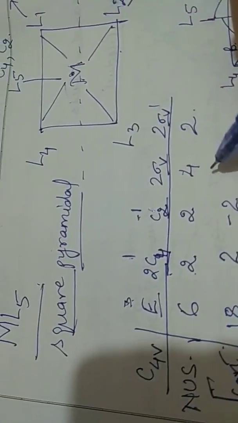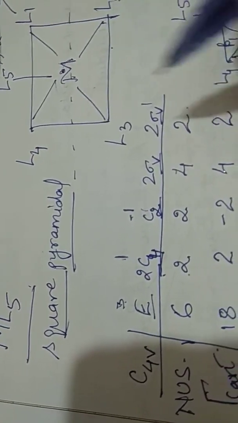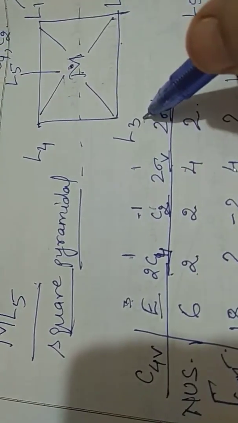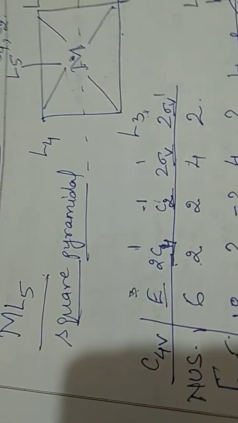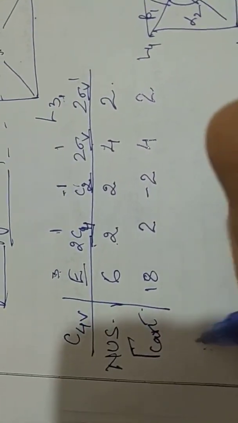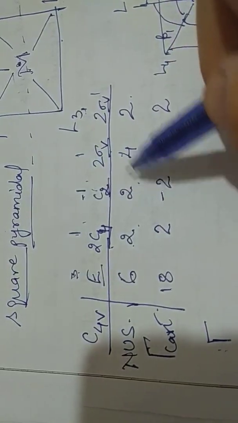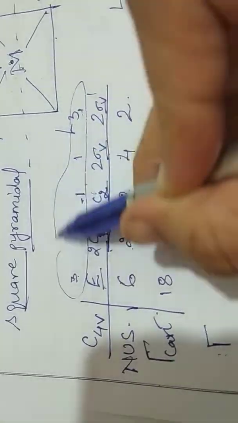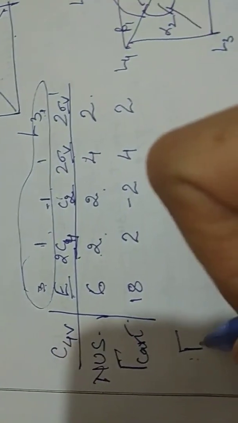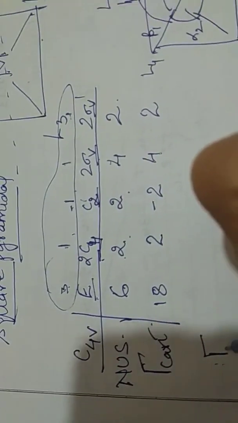Then for this one it is 4 and this is 2 again. So we know these sigma V's are 1 and 1, right? So what will be the Cartesian in this case? This is the multiplication: 3 into 6, 1 into 2, minus 1 into 2. This one we have done before also. You can check first for 3 x's only, then you can go for the complete 6 atoms.